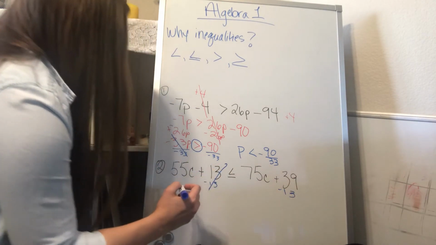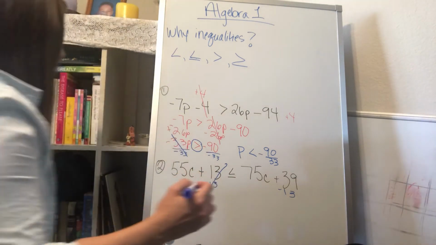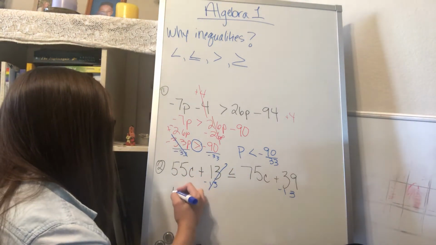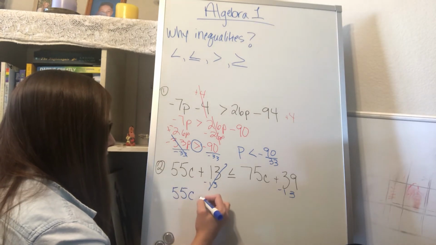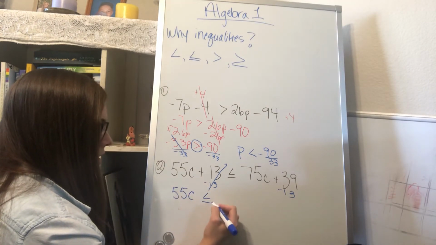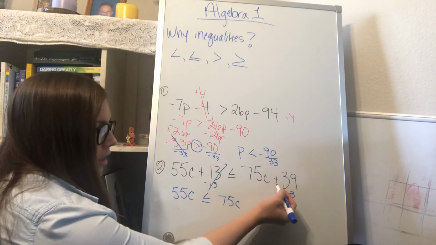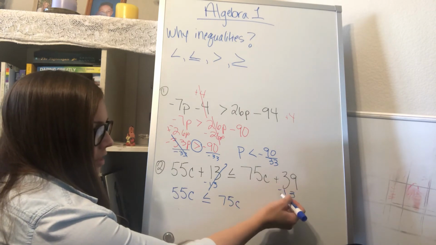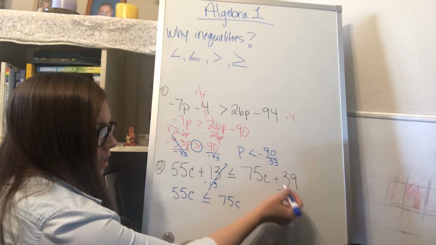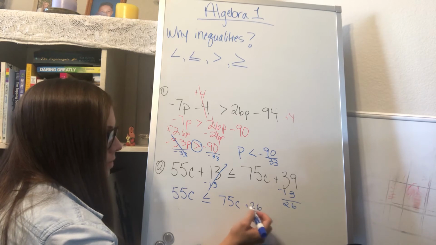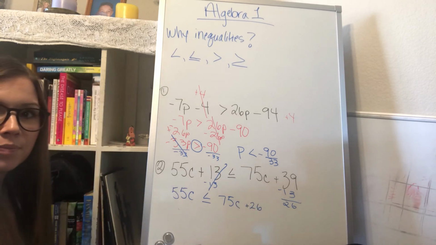Okay, so now it becomes, let's see if I can get a little lower here and that will help. Okay, so 55C is less than or equal to 75C plus 39 minus 13, 9 minus 3 is 6, 3 minus 1 is 2, so plus 26, right?